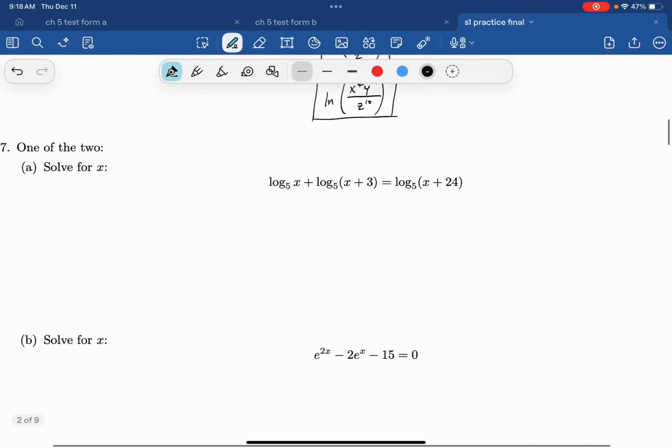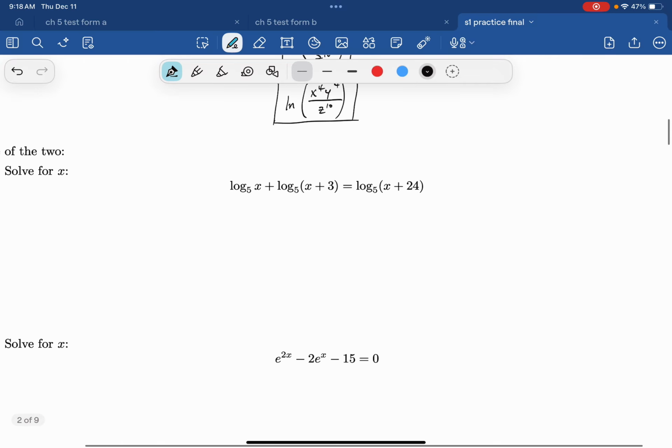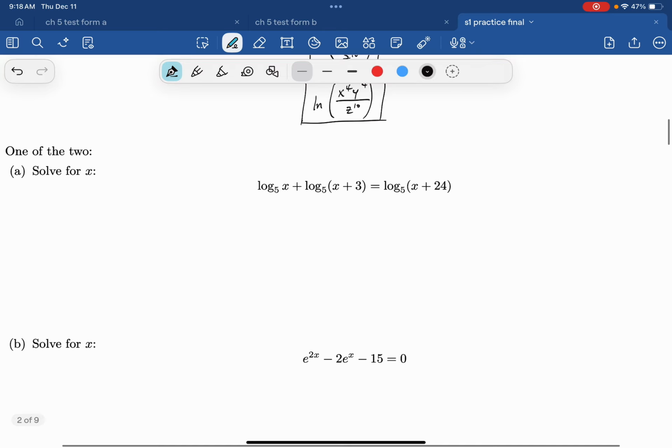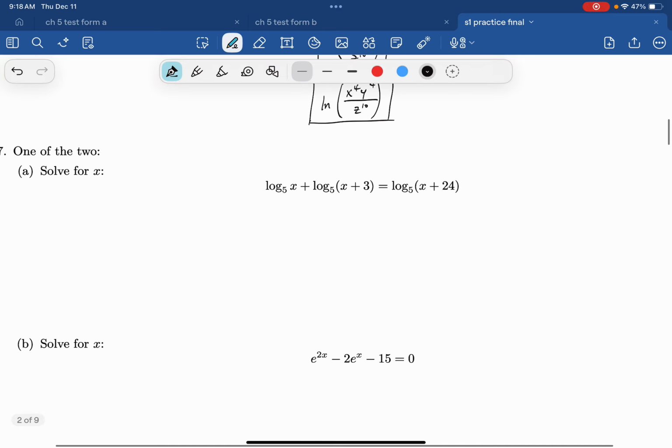Let's do the next one, a logarithmic equation. Here, we're going to use some properties of logarithms. The first one is that when we add logarithms, their inputs multiply. And so this left-hand side becomes log base 5 of x times x plus 3, because we're adding two logarithms.